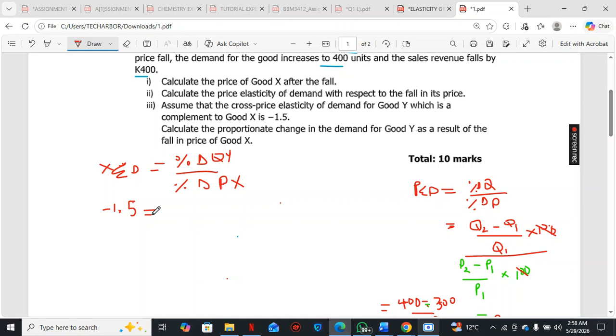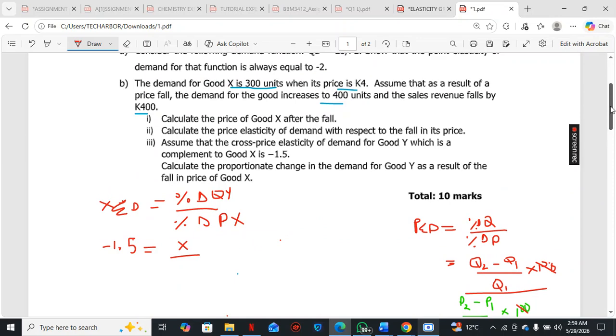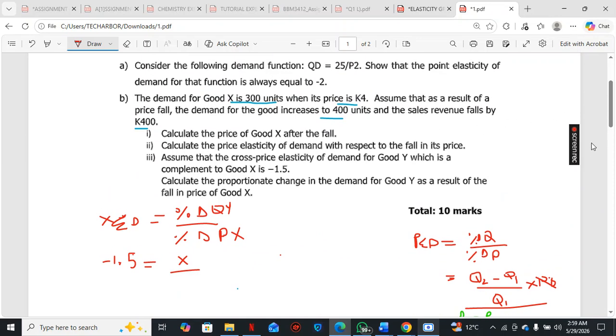So our percent change in the price, they've told us. With our cross price elasticity of demand of negative 1.5, we want to find the percent change in the demand of good Y, so we put it here over our percent change in price, which was 50%.